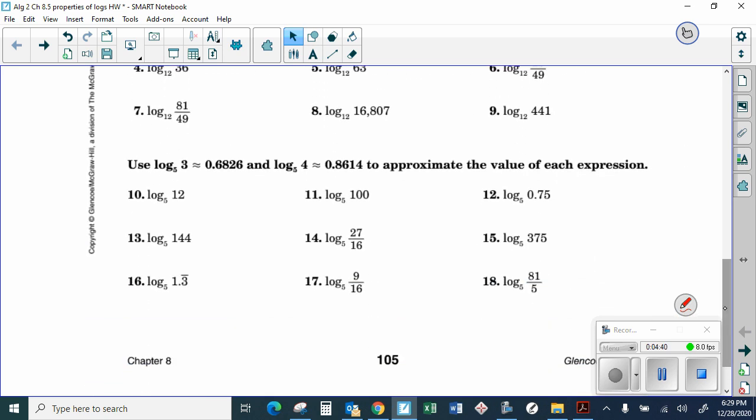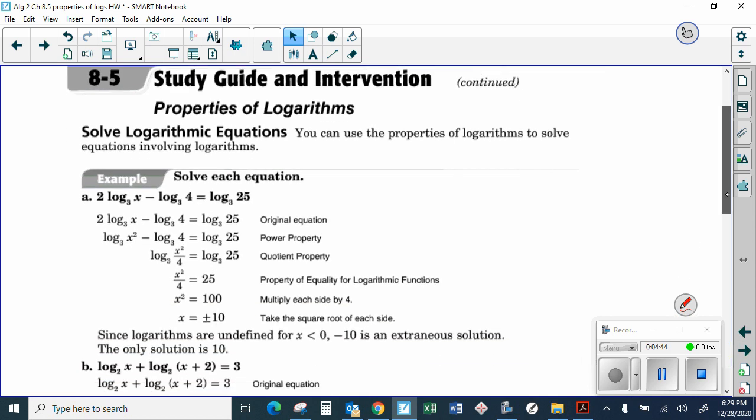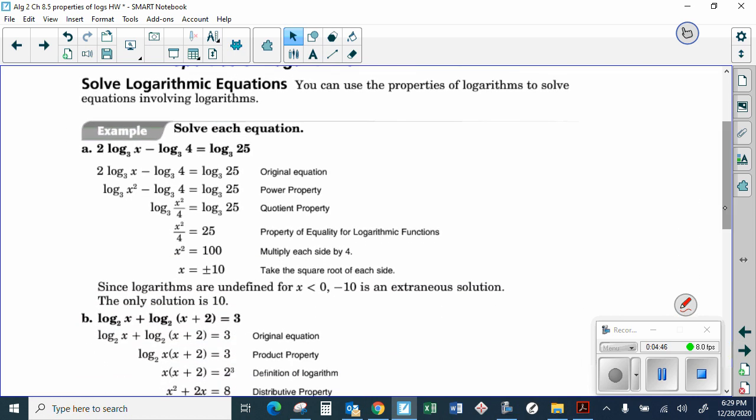Okay, so that's what they're wanting to do on this side right here. Not use your calculator, but actually show your steps to get that. All right, next side, properties of logs. Solve each equation. So this is where we're going to put them together. We have multiple logs. Get down to one log on each side.